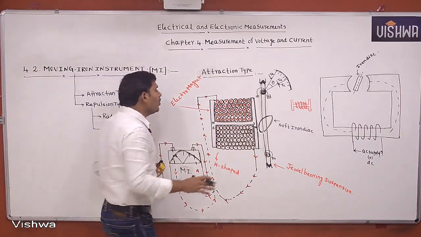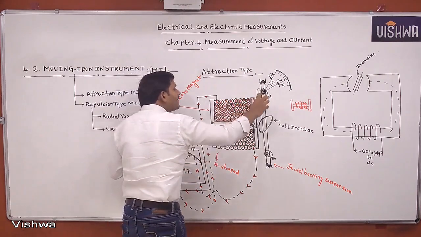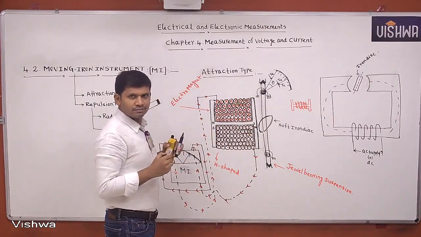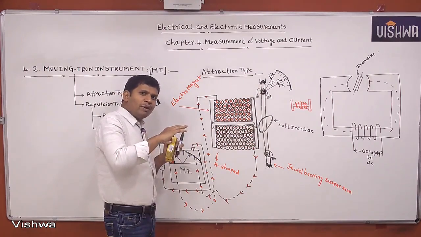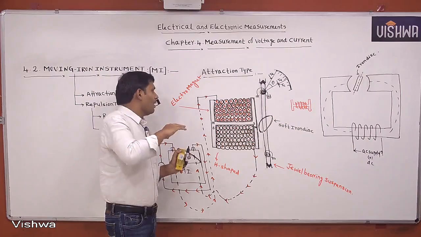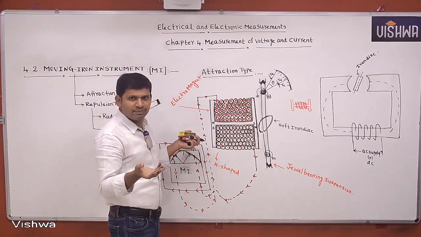Whenever this electromagnet is magnetized, it produces attraction force on the iron disc. Because the force between iron disc and electromagnet is always which force? Attraction force only.